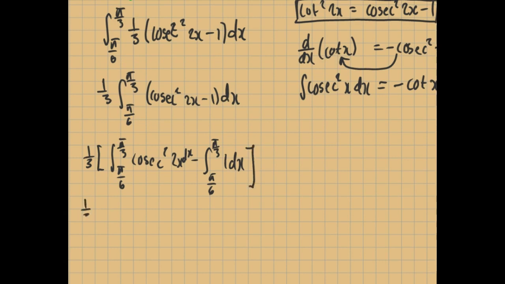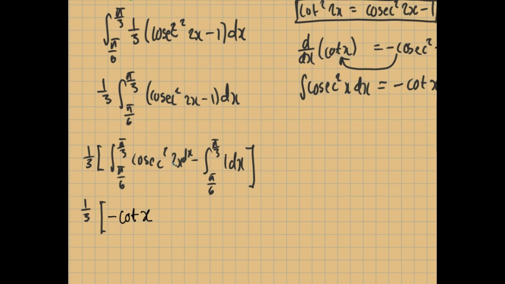And that would be 1/3 multiplying the integral of cosec squared, which is just negative cot. So here we have negative cot x, right?